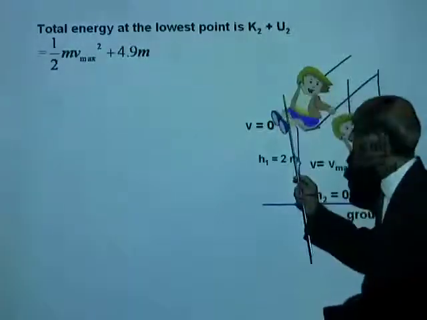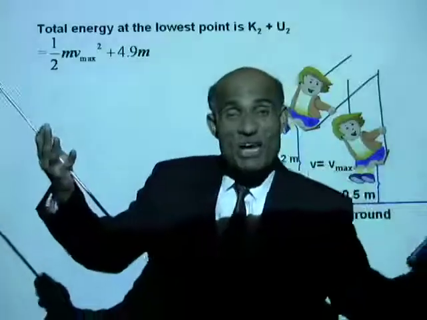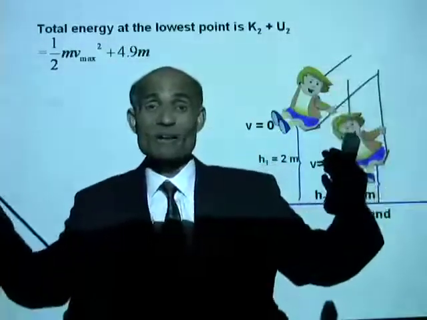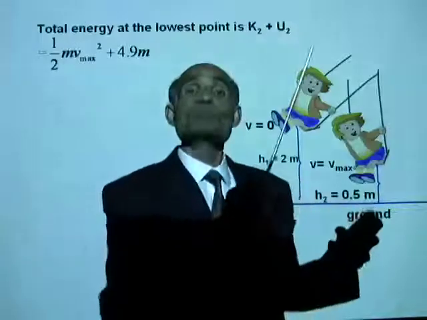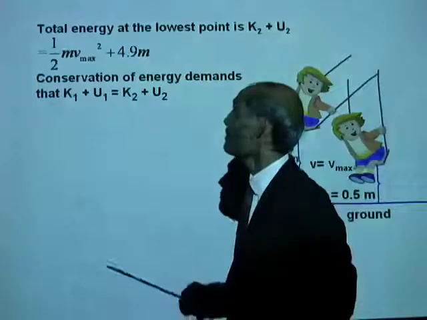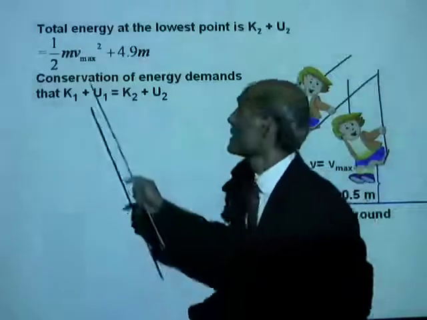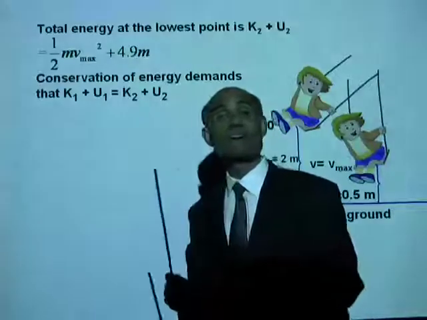Well, the total energy must be the same, is that right? Energy can change from one form to another. At any position of the swing, the total energy must be the same. Conservation of energy demands that K1 plus U1 equal to K2 plus U2.